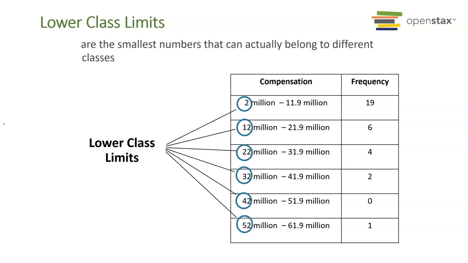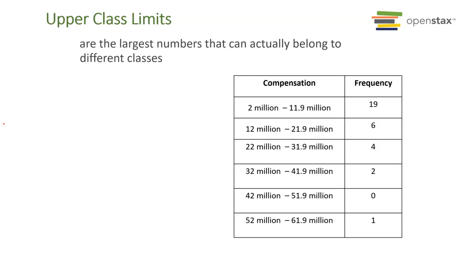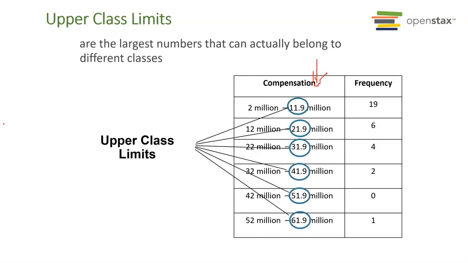But it also has a top end. Or else, if I said just bigger than a 2, then you'd just have one class, right? Everything here is bigger than a 2. So that top one is going to stop on this side, and that is my upper class limit. So stuff that's between 2 and 11.9 inclusive, right? So I could be 2 million, I could be 11.9 million. You're going in this category right here.